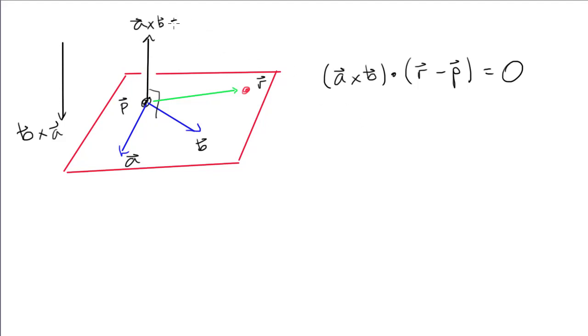This cross product vector has a special name. It's the normal vector. The definition is that normals are orthogonal to tangents. The green vector is a tangent vector for the plane.